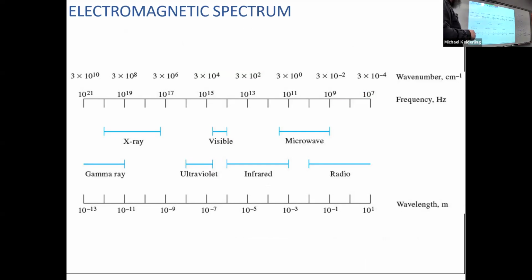Frequencies that you'll encounter vary from 10 to the 21 hertz for gamma rays down to kilohertz, thousands of hertz, for radio waves. AM radio waves are in the hundreds of kilohertz.